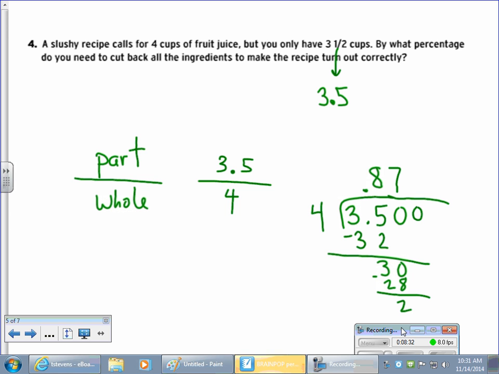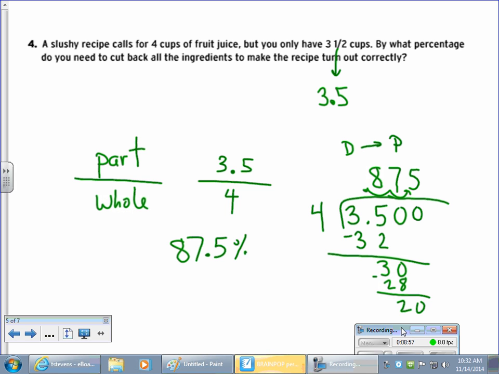Add another 0. 4 goes into 20 5 times. That means that 3.5 is, remember, decimal to percent, 2 places to the right, 1, 2, 87.5%. But I don't think that's the answer they want.